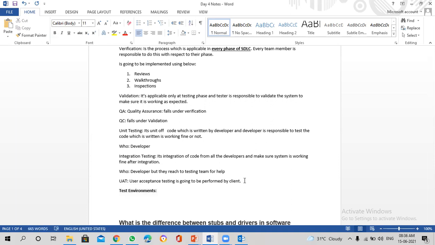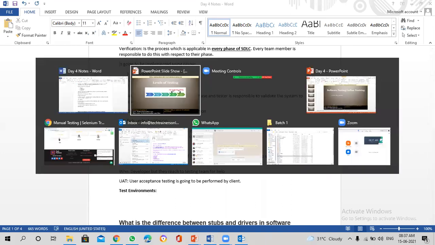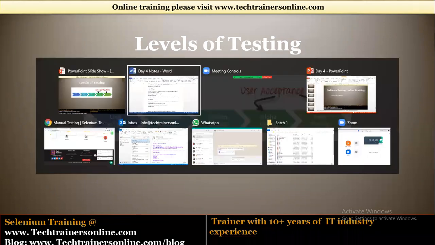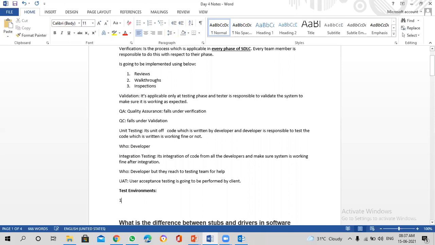We have different environments for doing the testing for individual team members. So when I say I do system testing, who is responsible for doing the system testing? Testers. So the tester is going to do it; we have 3 different environments, okay?